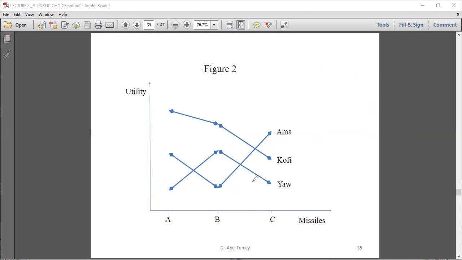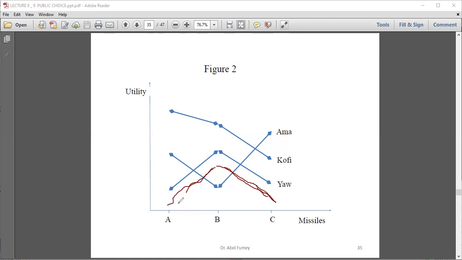Amma preferred first one, he preferred B to C. So B is here. So he preferred B to C. And then from B and then A too, he preferred B to A. But then he preferred C to A, so we can do this. C must be up a bit more than A.